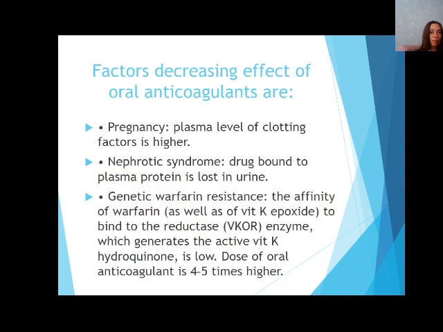Factors that decrease the effect of oral anticoagulants: pregnancy, when plasma level of clotting factors is higher, nephrotic syndrome, then genetic warfarin resistance. The affinity of warfarin to bind to the reductase enzyme, which generates the active vitamin K hydroquinone, is low.